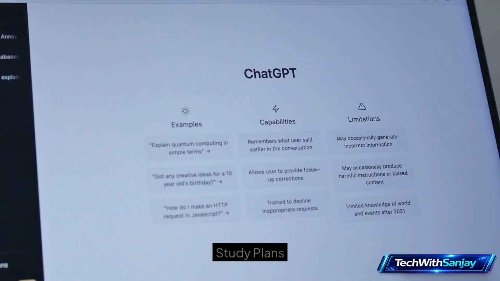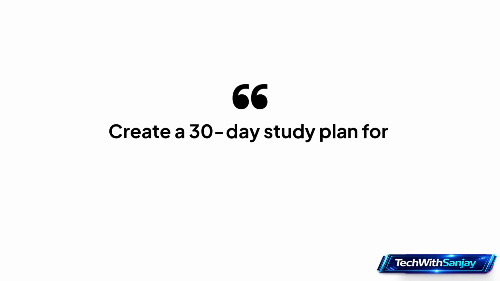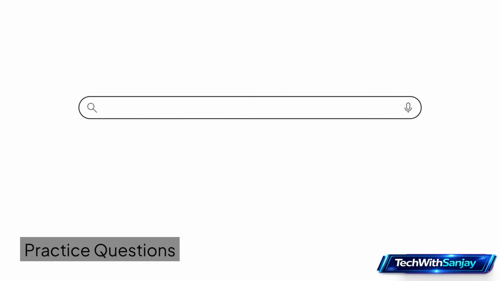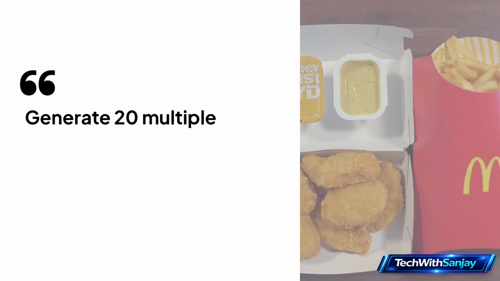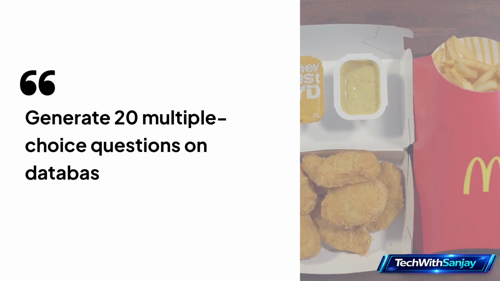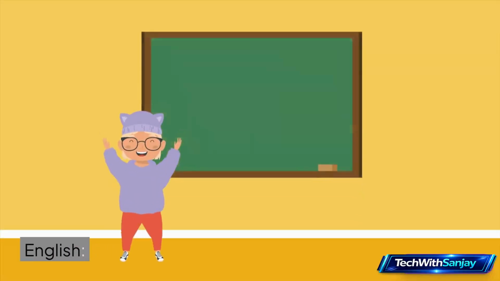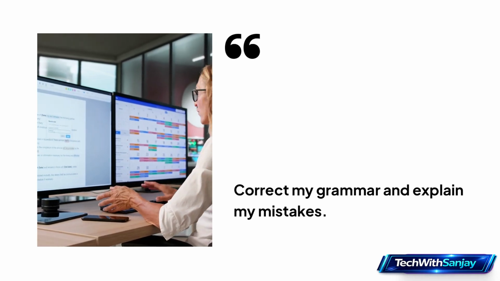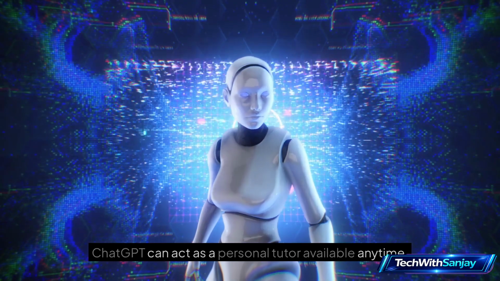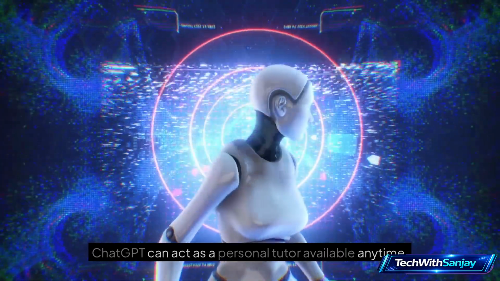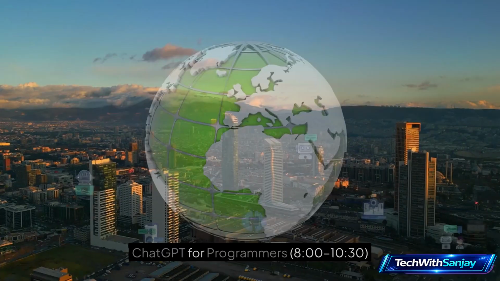Study plans. Ask, create a 30-day study plan for learning Python. Practice questions. Ask, generate 20 multiple-choice questions on databases. Language learning. Practice English. Correct my grammar and explain my mistakes. ChatGPT can act as a personal tutor available anytime.